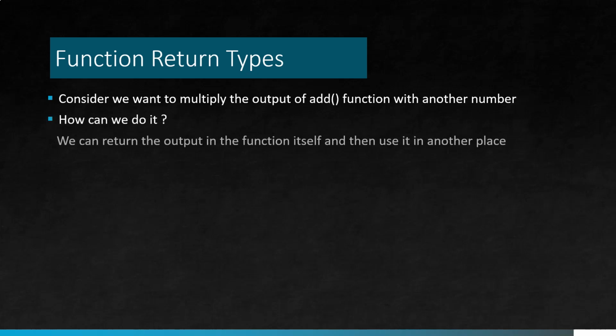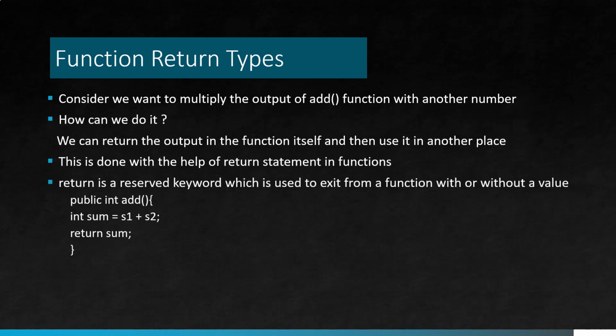So we can do it by returning the output in the function itself. And then when we are calling that function, we can get that output, store it in a variable, and then use it accordingly wherever we want to use it, right? So this is done with the help of return statements in a function. So return is a reserved keyword in Java, which is used to exit from a function with or without a value, right?